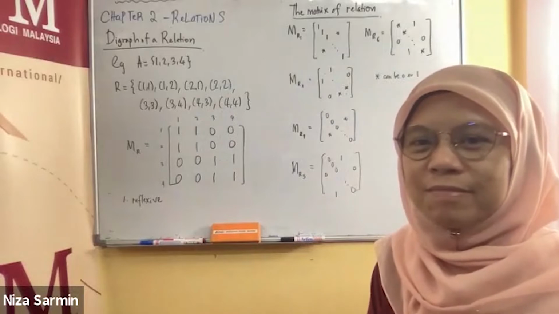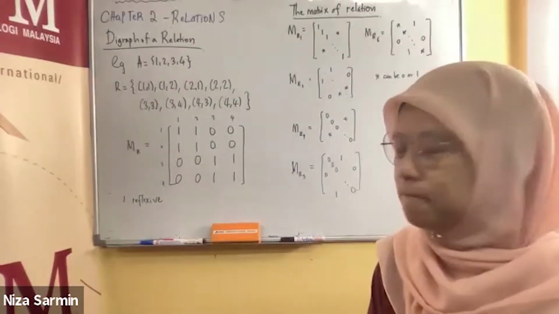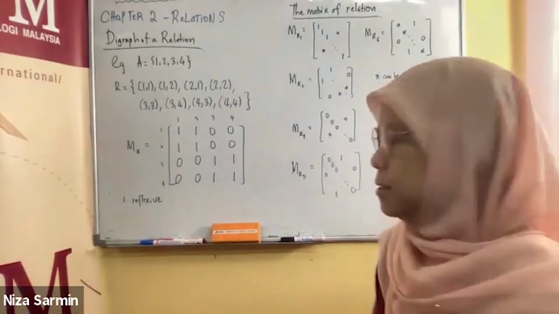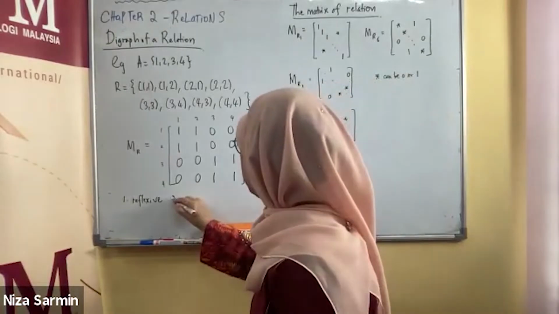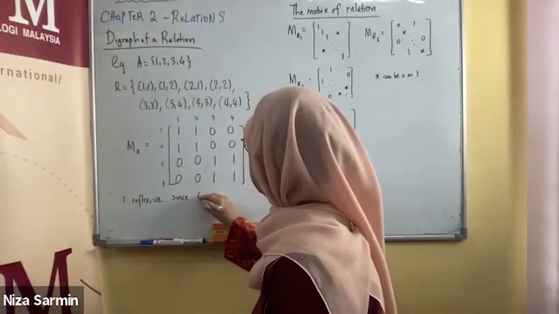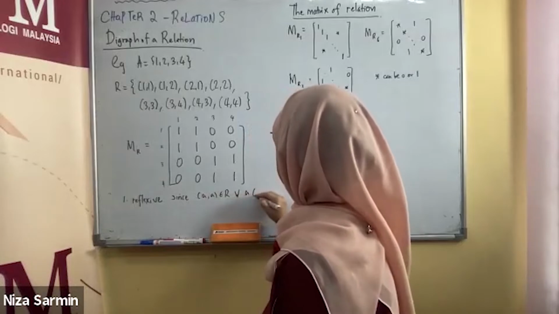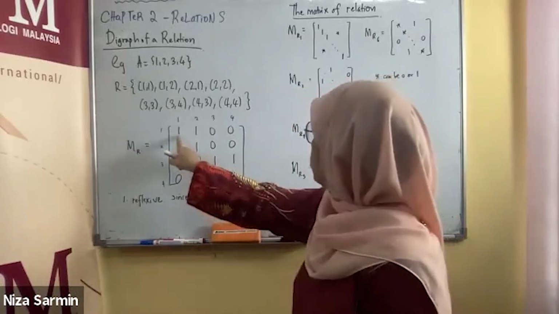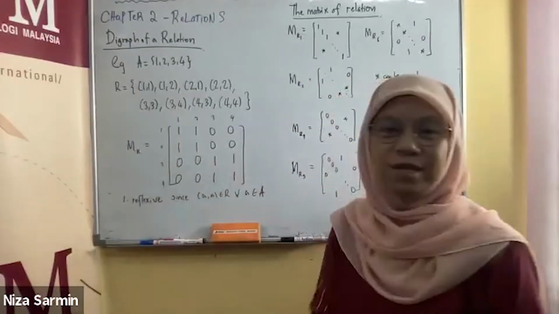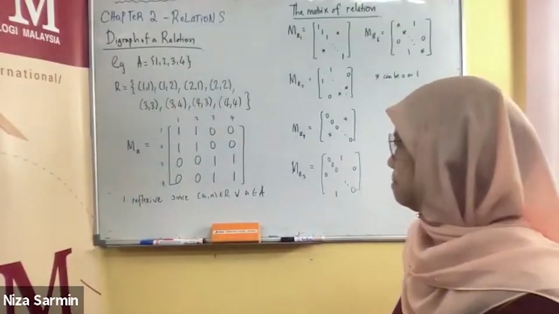Yes. Reflexive, since (a,a) is in R for all a in A: (1,1), (2,2), (3,3), (4,4). Easy, right? From the matrix.